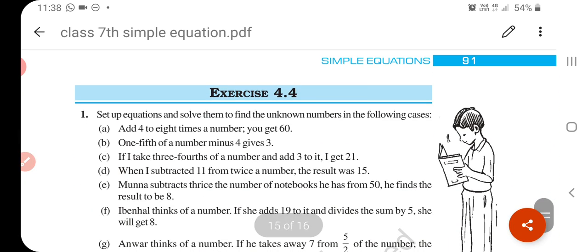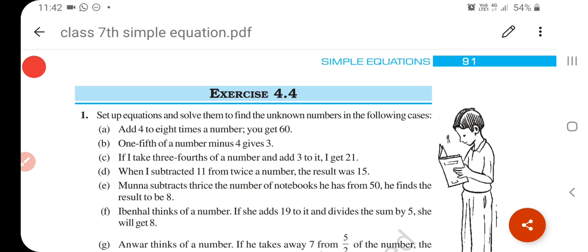Now taking exercise 4.4. Whenever you want to solve this question, first of all, the fact to remember is a statement of equality involving one or more variables is called an equation. Understand? An equation having only one variable with the highest power 1 is called a linear equation in one variable.